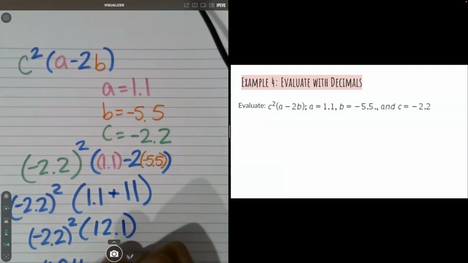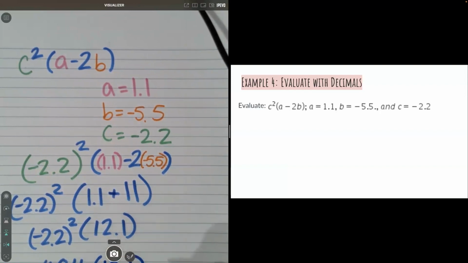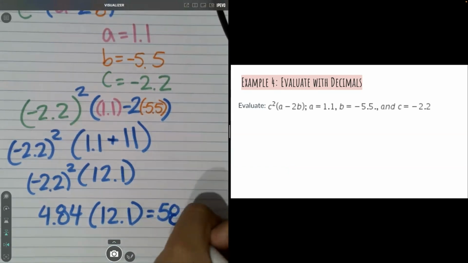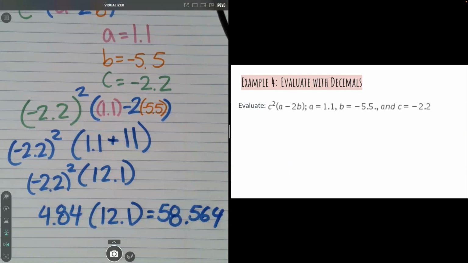So this is positive 4.84 times my 12.1. So next step, times 12.1 gives me 58.564. Okay, that is that example.